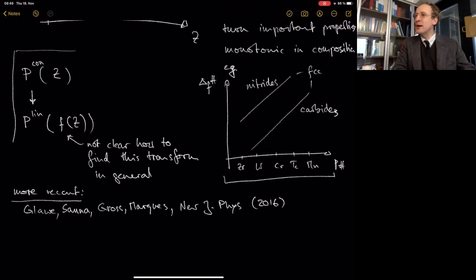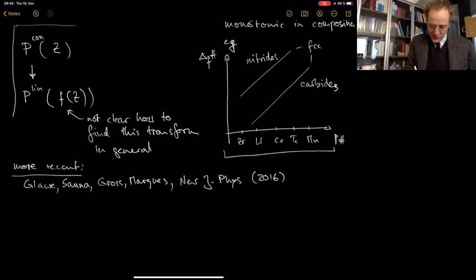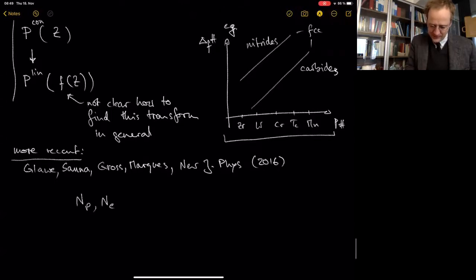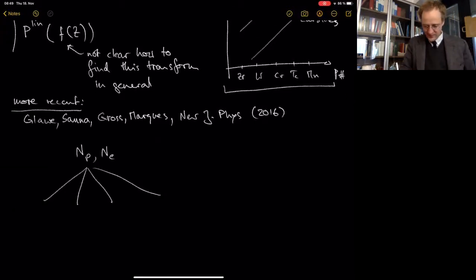I wanted to now briefly come back to the second scale, right? So if you wish, you provide some number of protons and some number of electrons, and then you get many different possible stoichiometries, right? So this is our first scale, right?